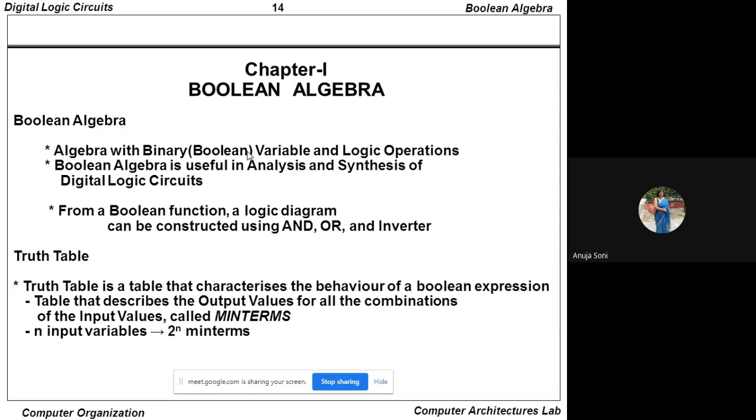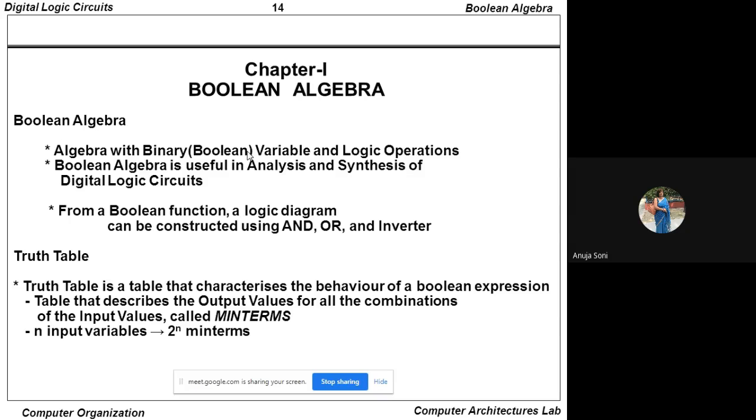So we are talking about Boolean algebra. Beta, just check your microphone or your speaker. Check at your end and then let me know. If others are able to listen, you should also be able to listen.